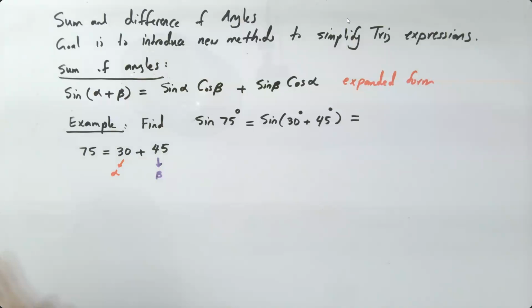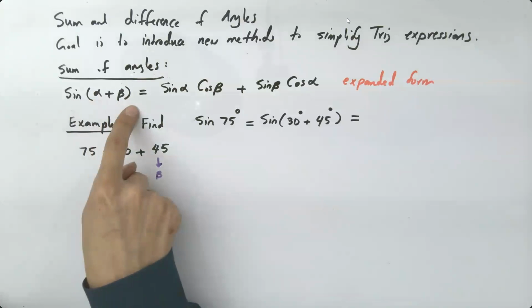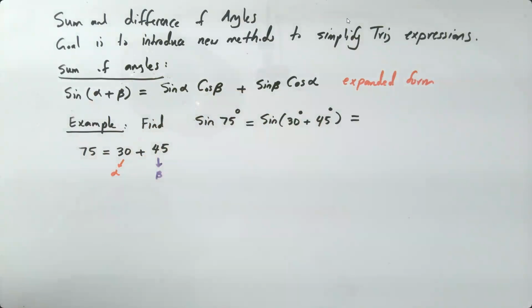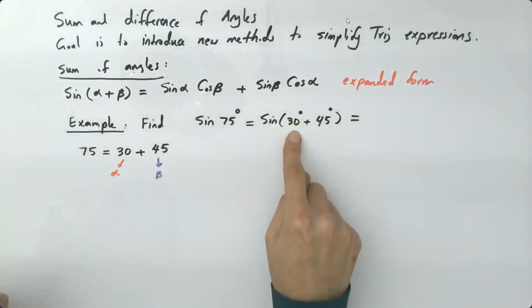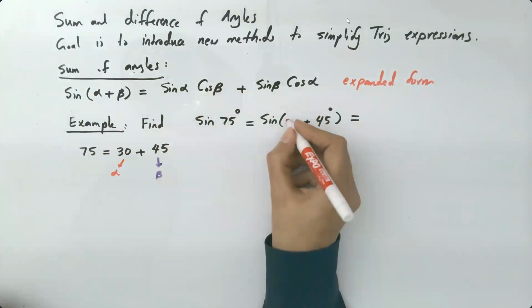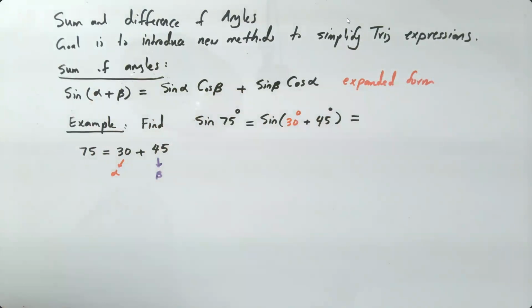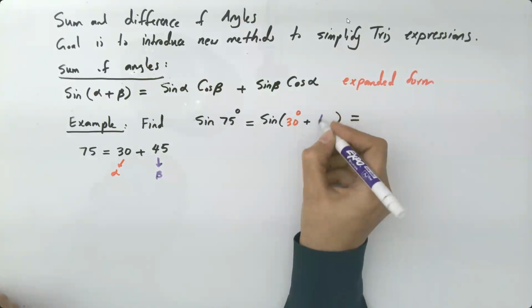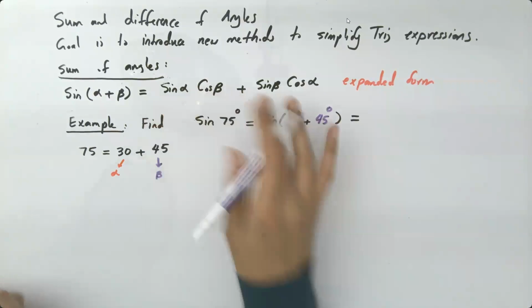This formula says if I have sine of alpha plus beta, I can write it in expanded form this way. So what happens here is that you have your 30 degrees as your alpha, plus beta, which is 45 degrees, right? Very good. So let us follow the formula.